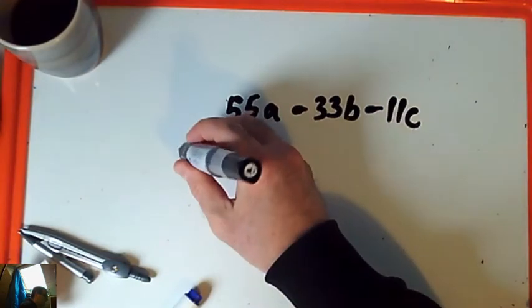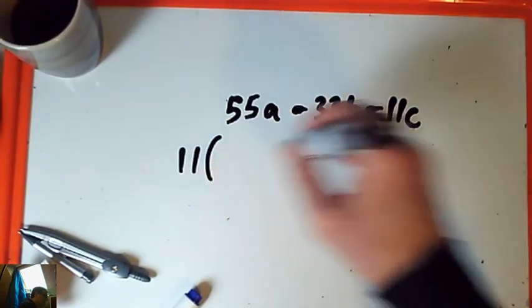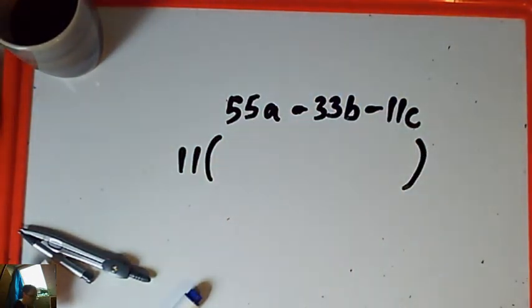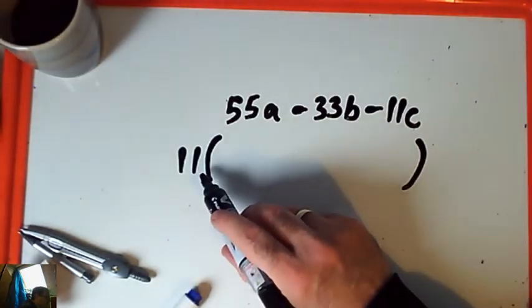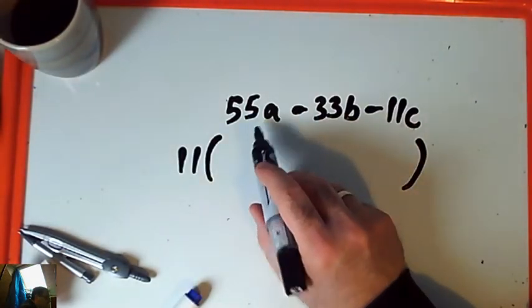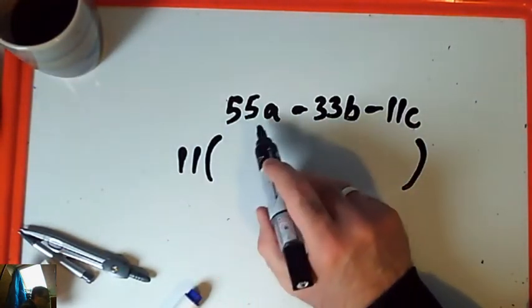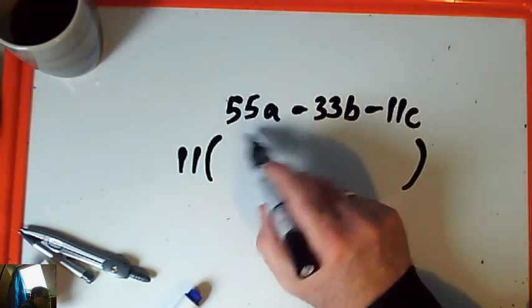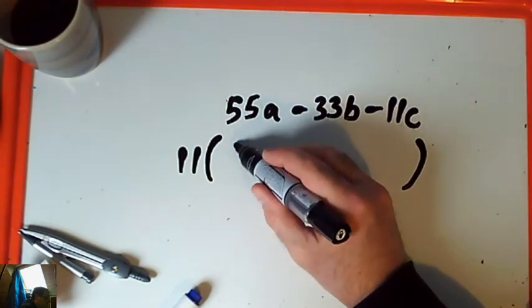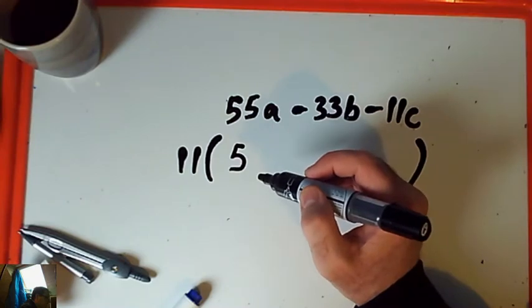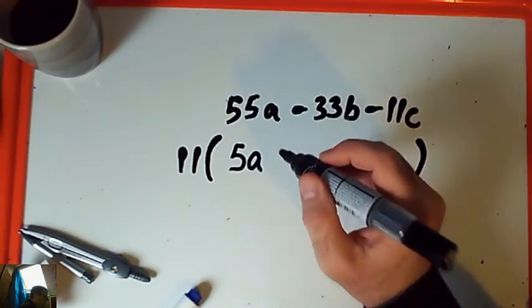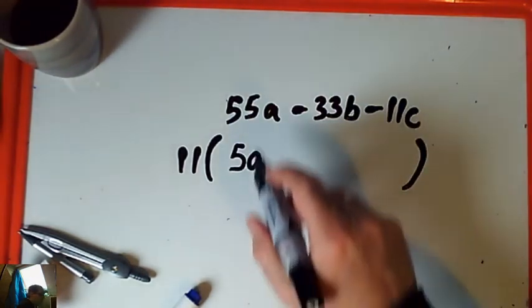So 11 is the thing that goes into all of those going outside the brackets. So 11 times what will give me 55a. 11 times 5 will give me the 55. 11 times 5a will give me the 55a.